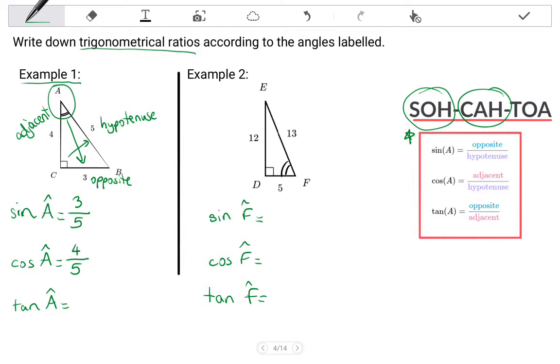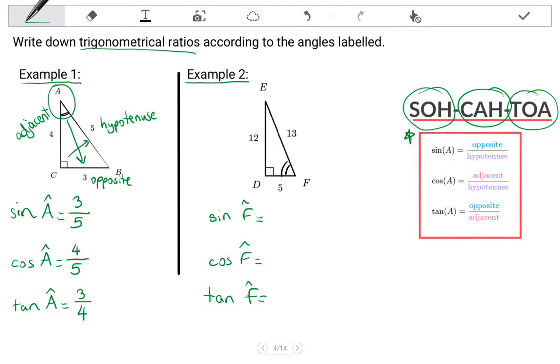Tangent A is opposite over adjacent, so opposite side length is 3 and adjacent side length is 4. We finish with example 1.